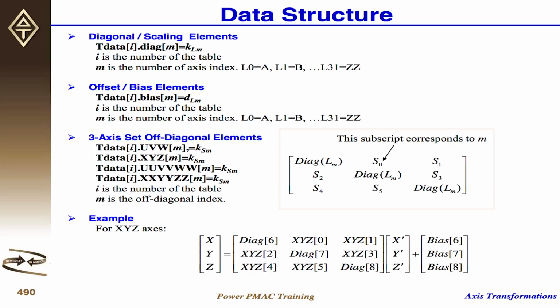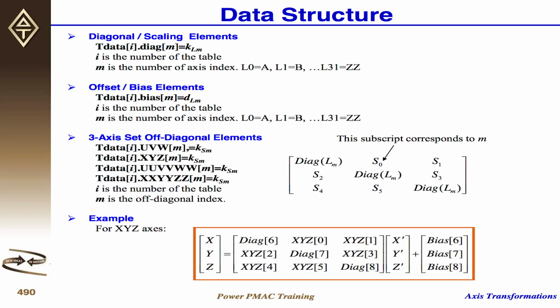Okay. So here we have the example. This is how we set up for the XYZ coordinate system set. You can see that this is the structure. This is the T theta I, whichever table you select, dot diagonal 6, because X is from 6, right? Because you have ABC, UVW, XYZ, XX, YYZZ.